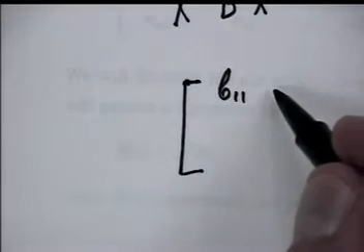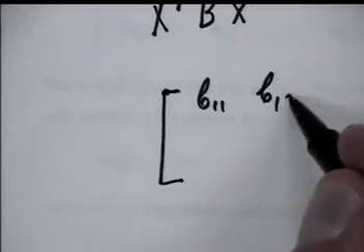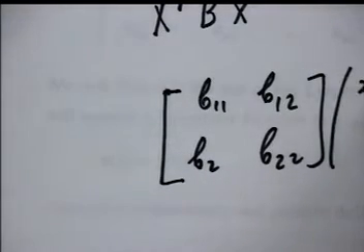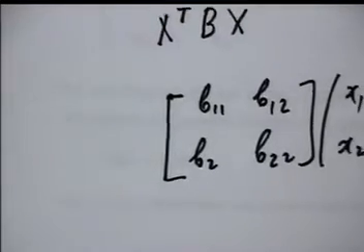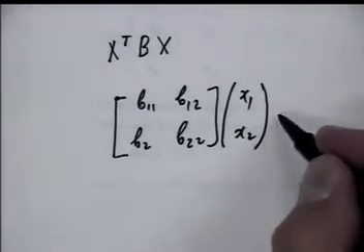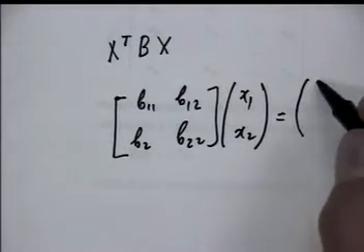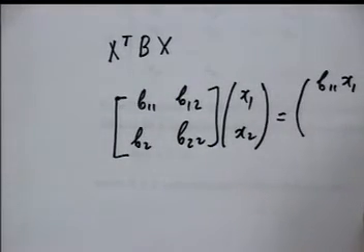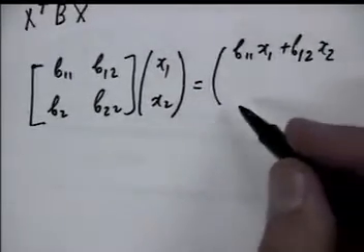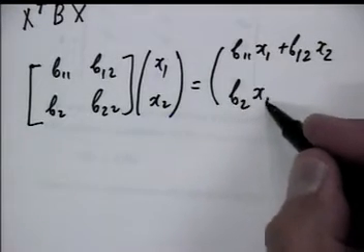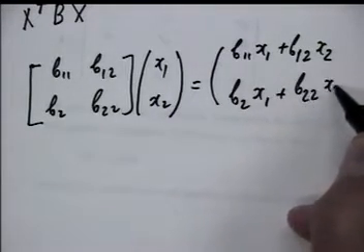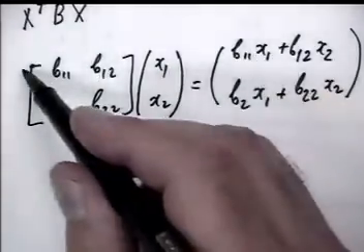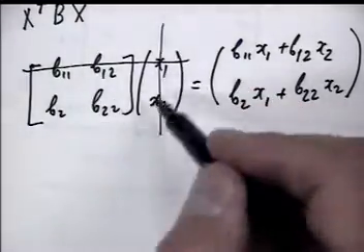Imagine that we will take a 2 by 2 matrix: b11, b12, b21, b22, and then it is x1, x2. Then this equals b11 x1 plus b12 x2, and then here we get b21 x1 plus b22 x2. So if I want this element, I take this row and multiply.